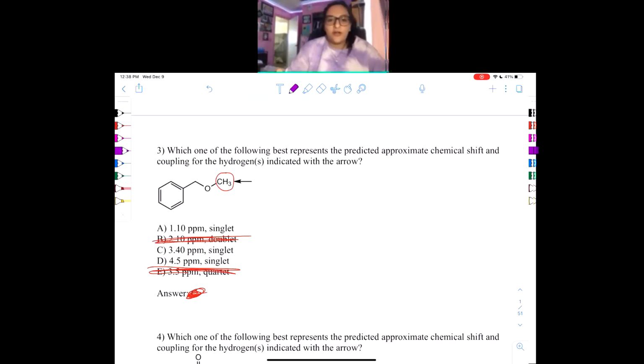So which one of those has to deal with ppm? Chemical shift, exactly. So when we look at chemical shift, we have to remember those regions, right? So we had the alkyl region. What comes after the alkyl region?